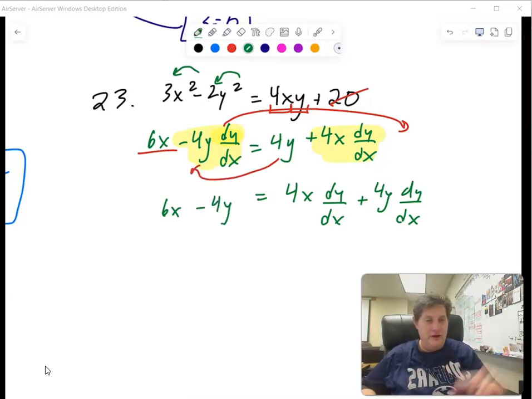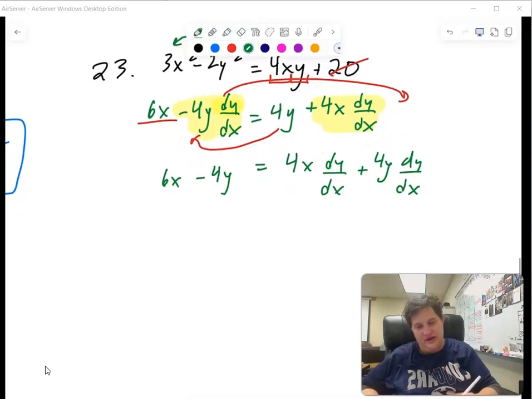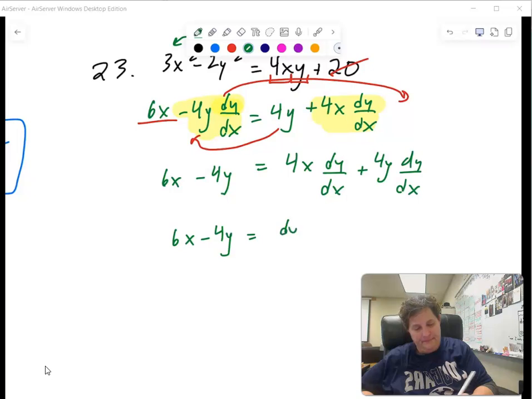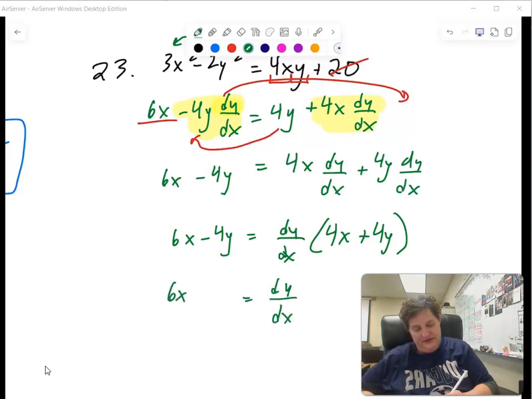So anything with a dy dx on one side, anything without on the other side. Factor out a dy dx. And then solve it. So dy dx is 6x minus 4y over 4x plus 4y.